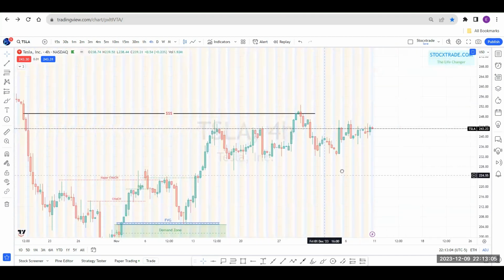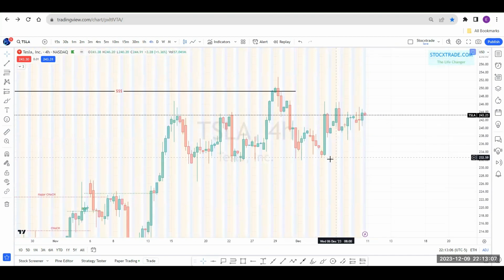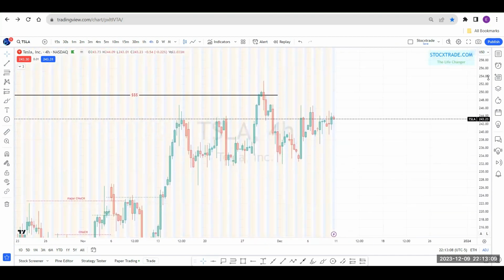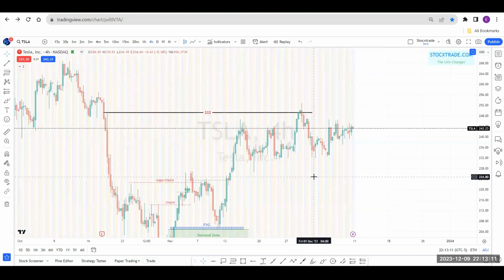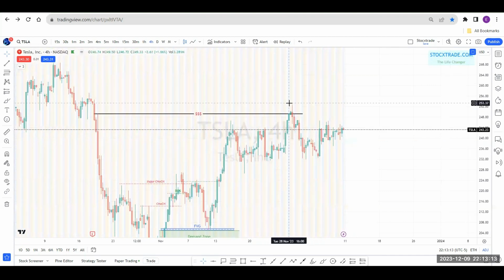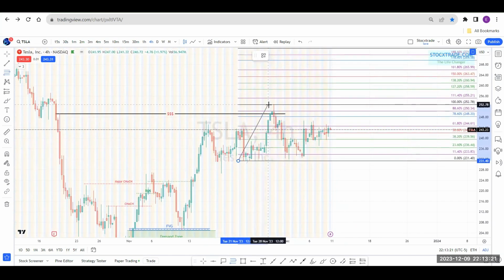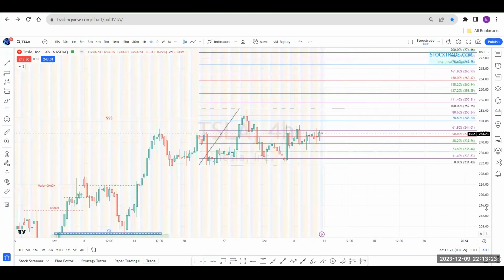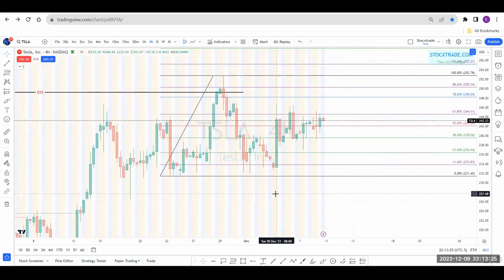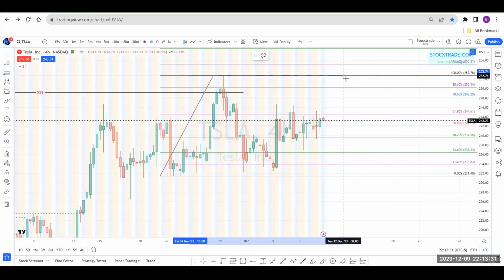Now Ibrahim bhai asked what can happen on Monday for Tesla. Not Monday, I'm just looking at the whole scenario. So this is my swing level, this is my high. The price needs to break this supply zone.